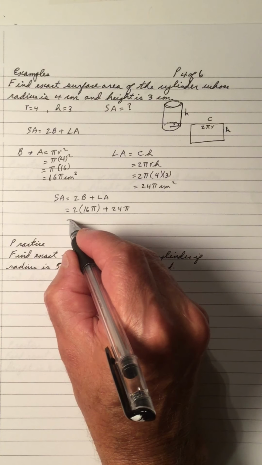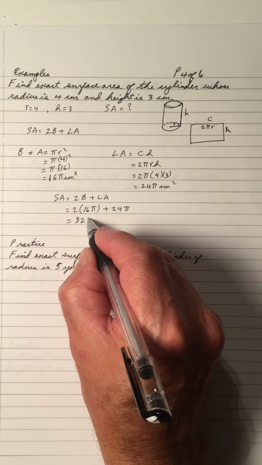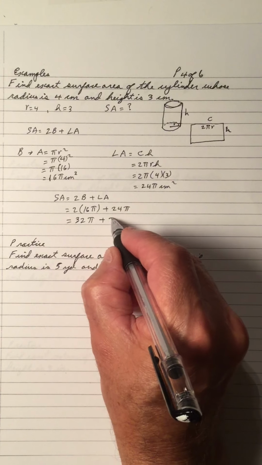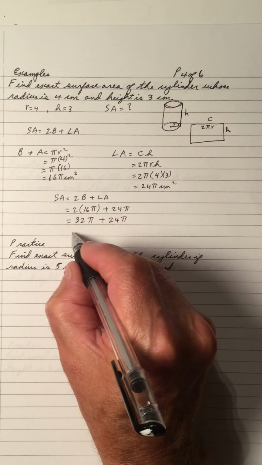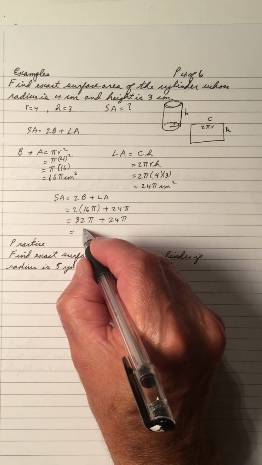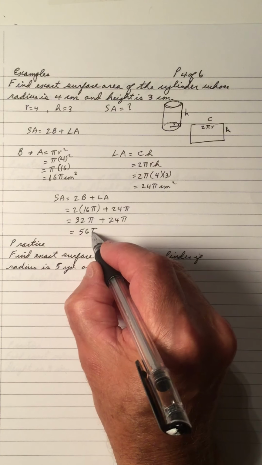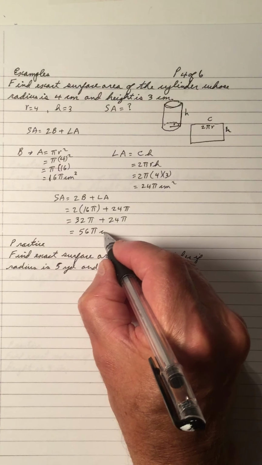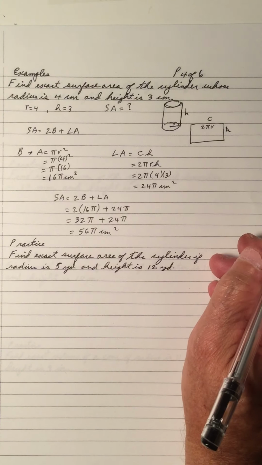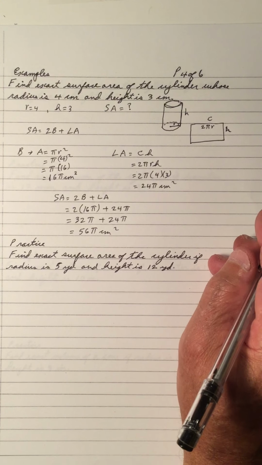So we multiply 2 times 16 to give us 32 pi, plus your lateral. When you add all that up, you get 56 pi, and it's centimeters squared. So that's the surface area of a cylinder.